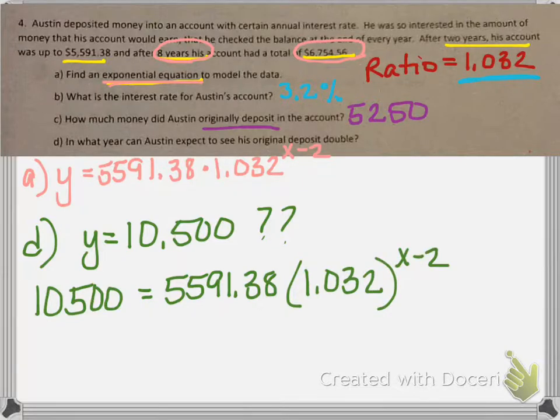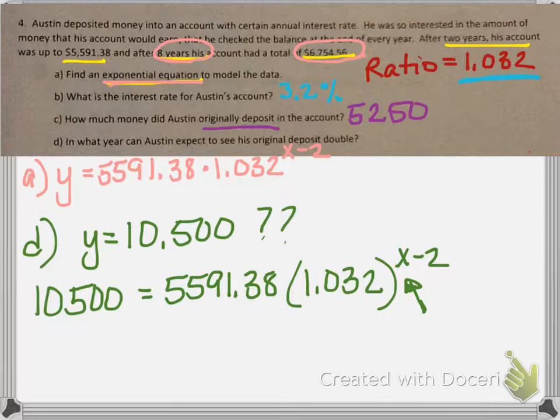And we could sit with the calculator and guess and check and plug in numbers for x until we get as close to 10,500 as we can. We could keep trying, or we can throw it in the calculator into a graph, Control T, split screen the table, and scroll through our table. Let's let the technology work for us since we're allowed to use it in these types of situations.